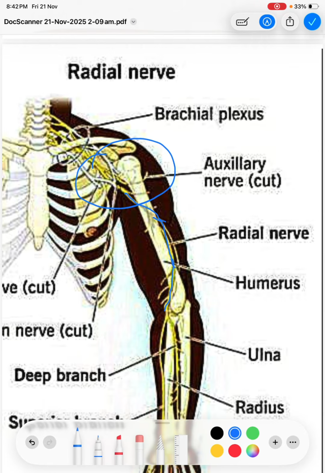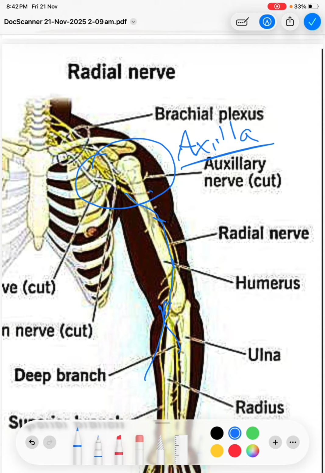Going distally, it divides at the lateral epicondyle into the superficial radial nerve and the posterior interosseous nerve. The superficial radial nerve is a pure sensory branch and the posterior interosseous nerve is the pure motor branch. Okay, so we'll understand the concept based on location. First part is the axilla.